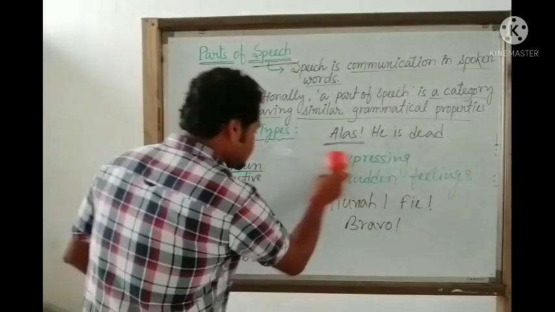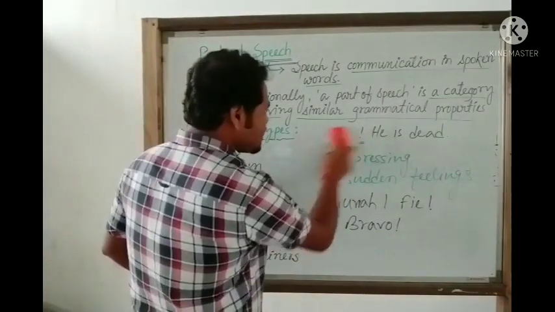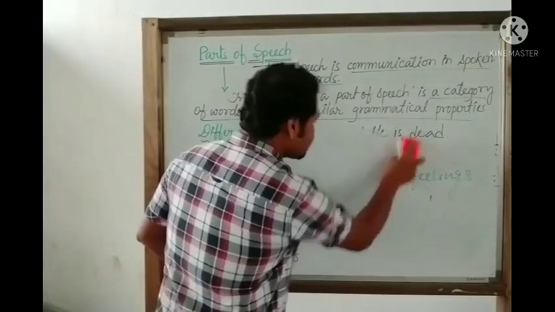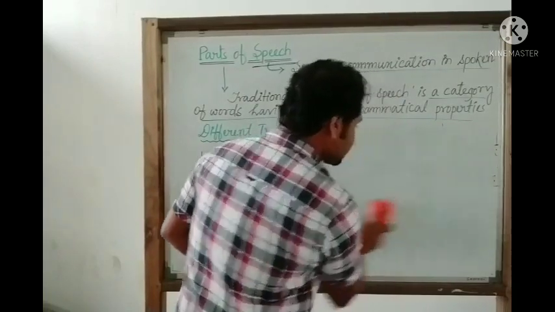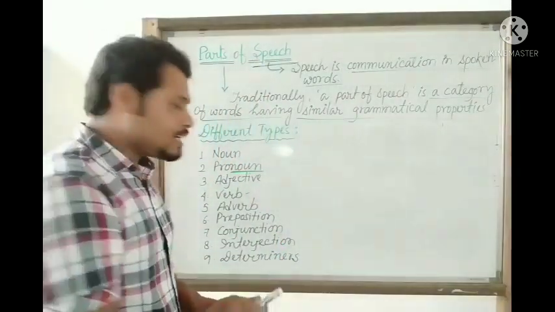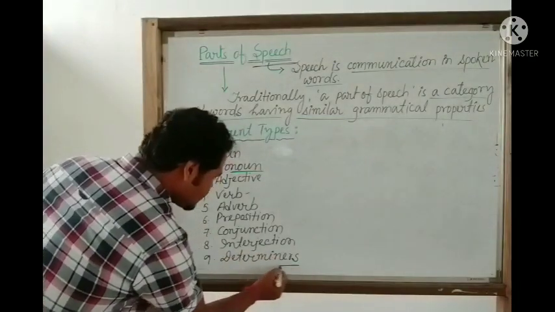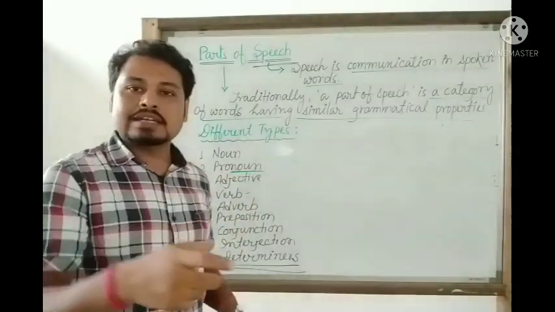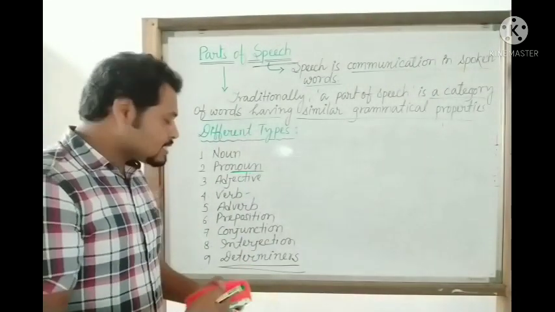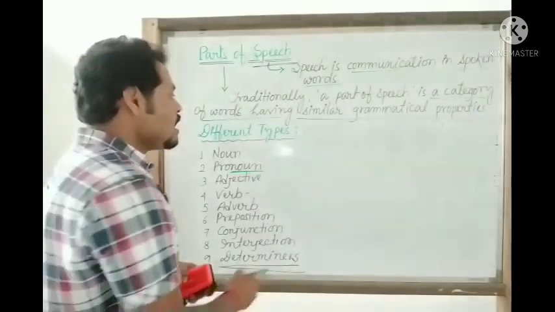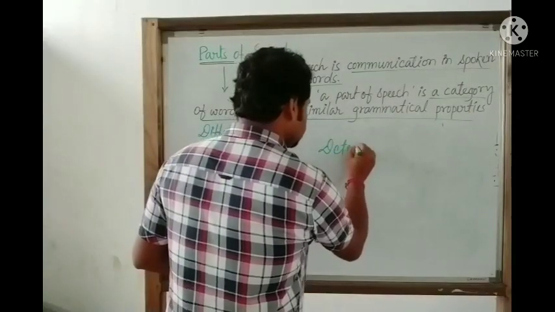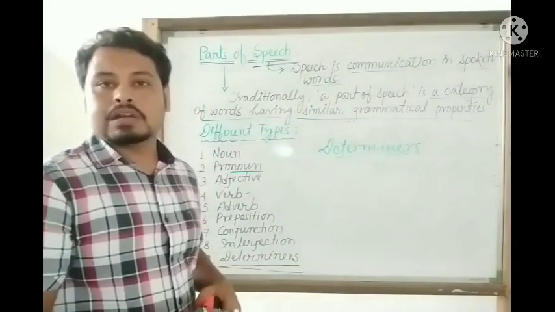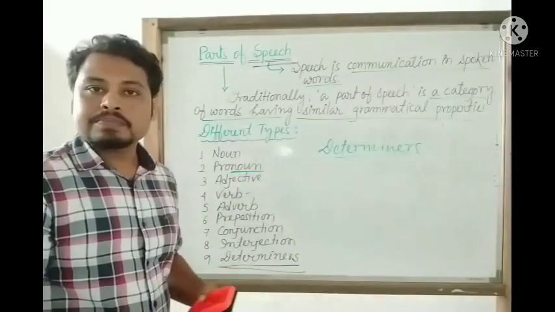After this interjection, the last category and the newest, I hope, is the determiners. Regarding these determiners, I have another video where you would get the details of them. These determiners are also a kind of part of speech. What are determiners?